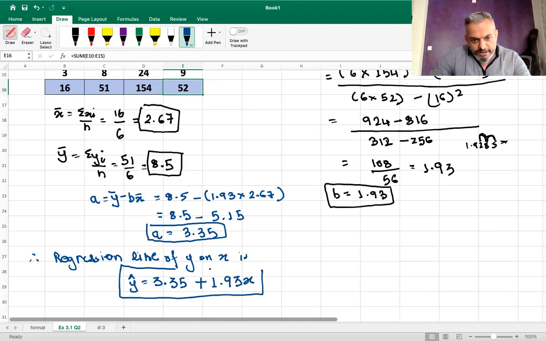If b is negative, this will be negative. If b is positive, this will be positive. So we have our equation ready.